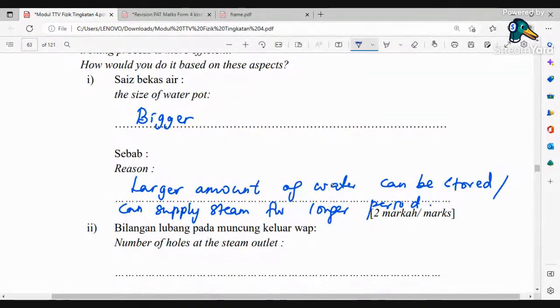Okay, maksudnya large amount of water can be stored atau can supply steam for longer period. Maksudnya you masuk sekali you boleh guna lama lah sebab air banyak.